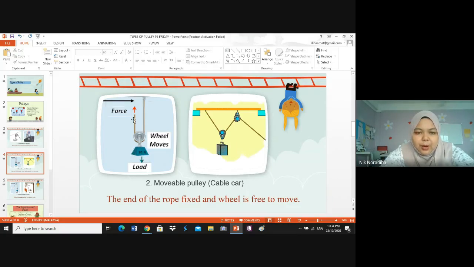One end of the rope is tied and does not move, but the pulley and the wheel can move. So it can go up here, it can go up here. That's why we call it movable pulley. It can go back and forth. Same goes to this one also. One end of the rope is tied, but the other one, the wheel and also the load, can move, right? So it will go back and forth here.